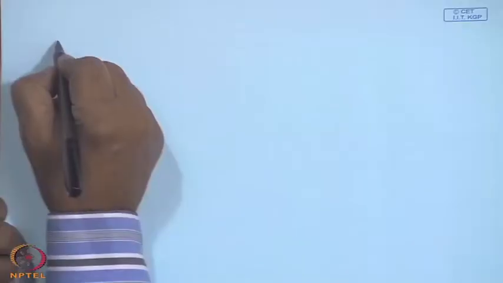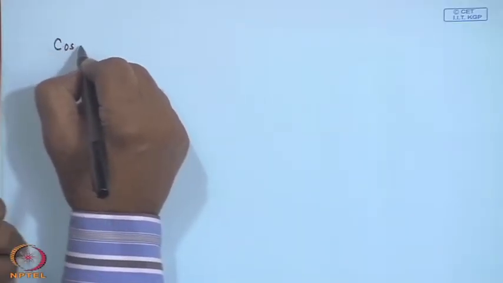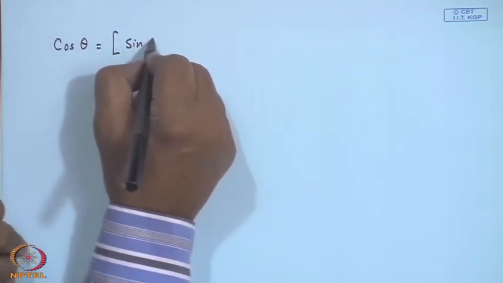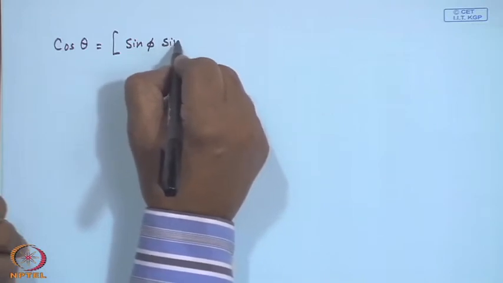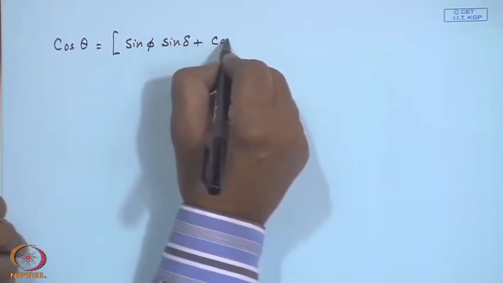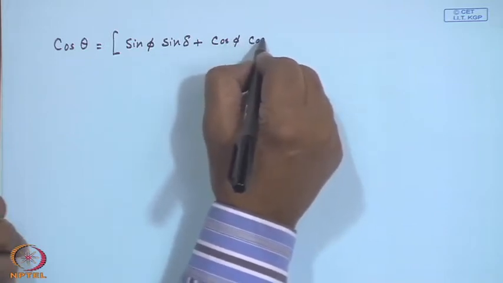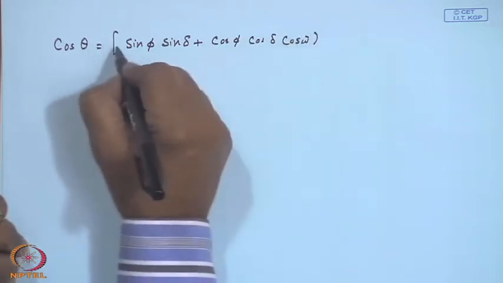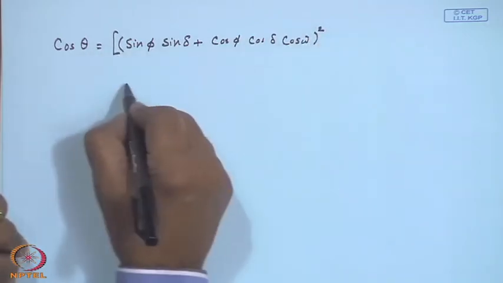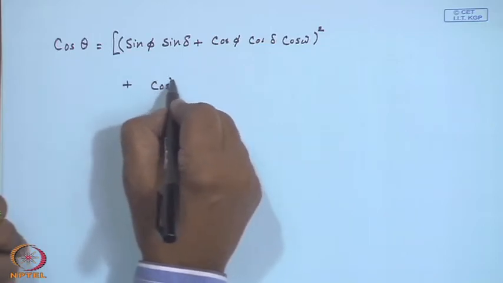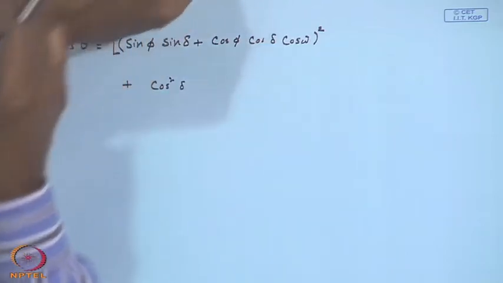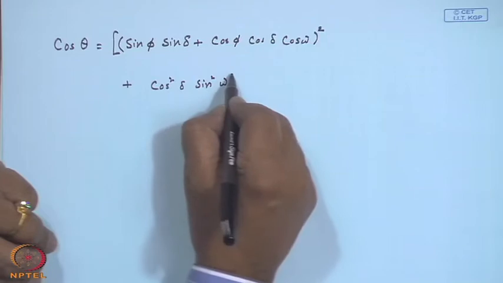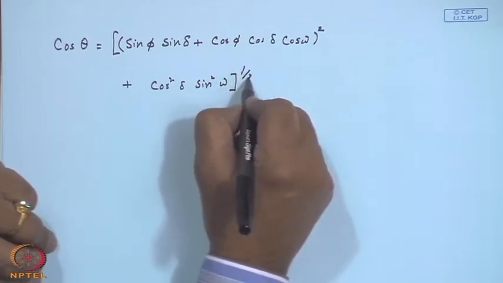For tracking mode 3, sin phi sin delta plus cos phi cos omega, whole square plus cos squared delta sin squared omega, whole to the power 1/2.